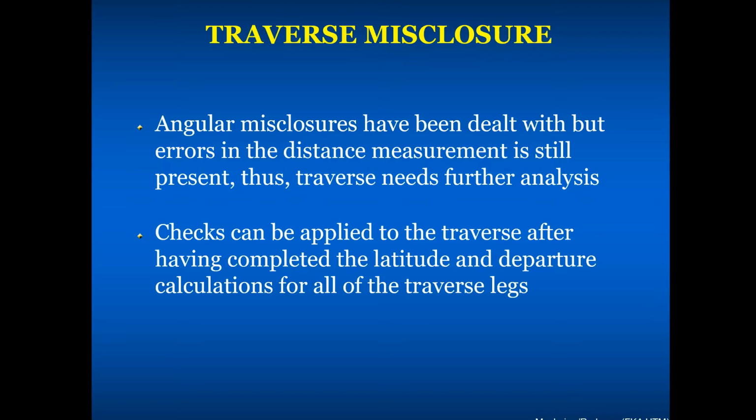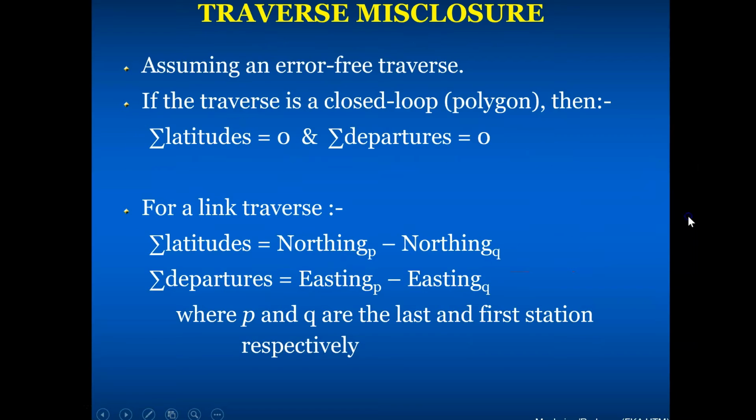But as I mentioned earlier, we won't be looking at the distances themselves, but instead we have to apply the correction to the latitude and departure for all the traverse legs. Assuming we are performing a closed loop traverse, then if you sum up all the latitudes and sum up all the departures and there's no error, it should be theoretically 0.